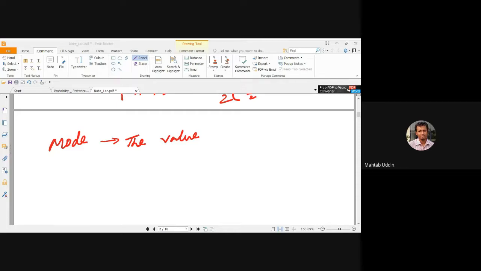Appearance is not the exact word; you should write repetition, the value which has the most repetition. If there is no repetition, if no value comes more than once, there is no mode. If there is some repetition, the one which has the most repetition is called the mode.